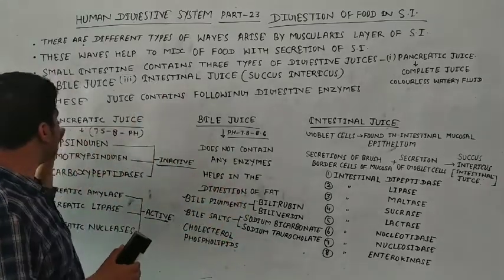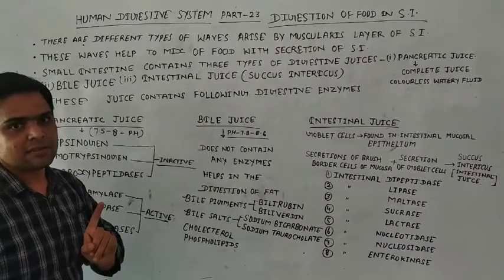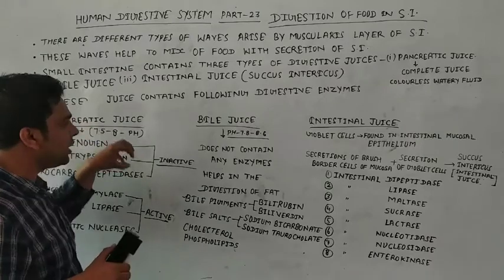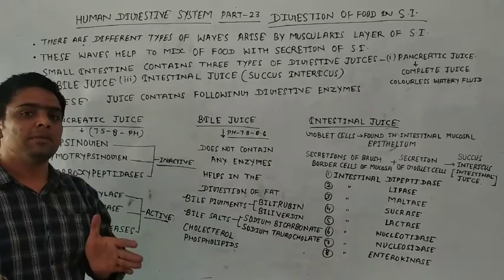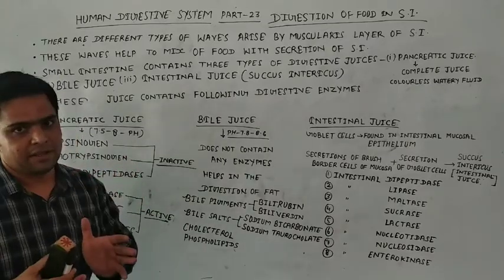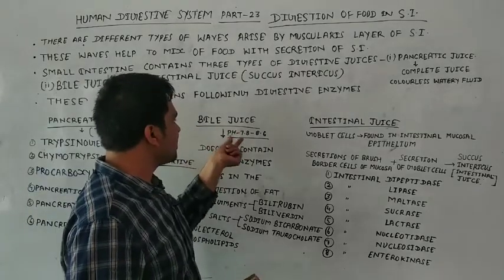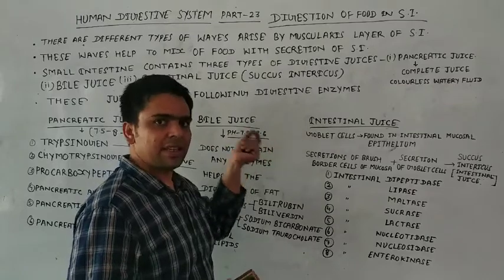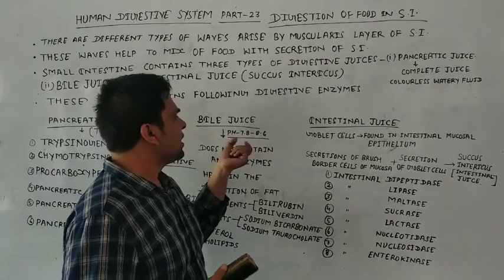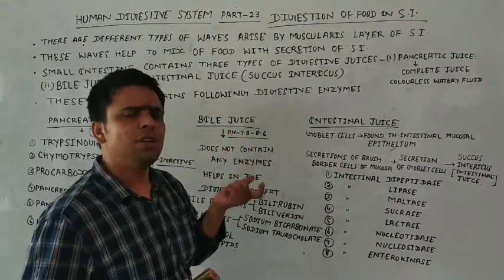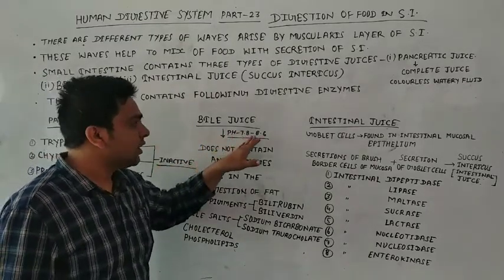The pH of pancreatic juice is also slightly alkaline. Clear, students? So it is very clear that the small intestine needs a slightly alkaline pH to digest food. So bile juice has a pH of 7.8 to 8.6. If we talk about the aggregate pH, it is 8.2 to 8.4 we can say.